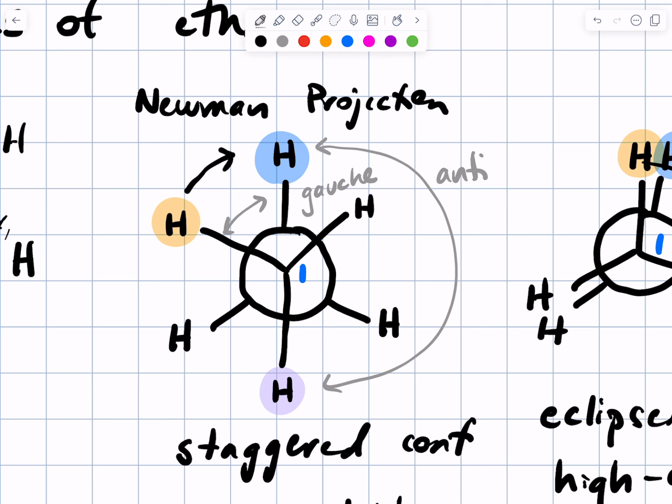So we'll use gauche meaning they're side by side in the staggered conformation, anti meaning they're directly opposite each other in the staggered conformation. So the orange proton is gauche to the blue proton, but the purple proton is anti to the blue proton.